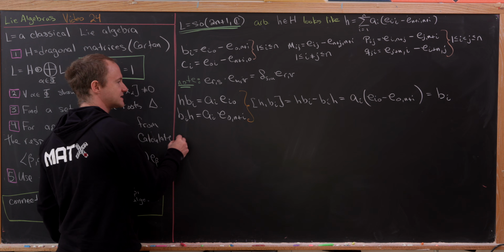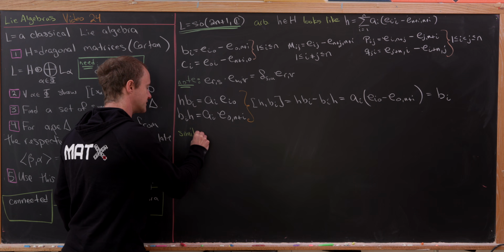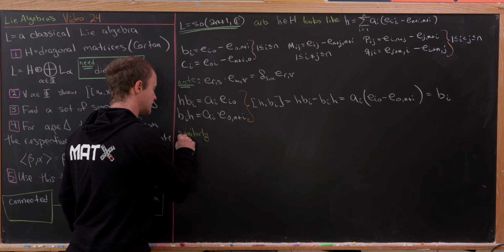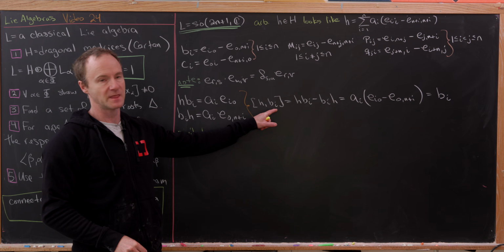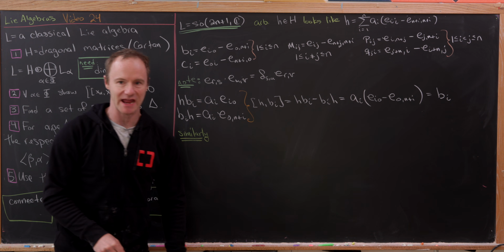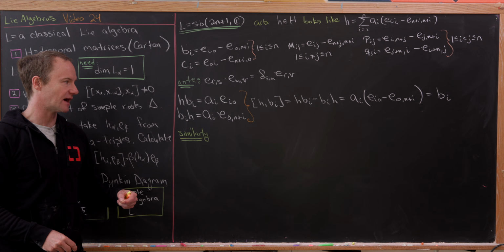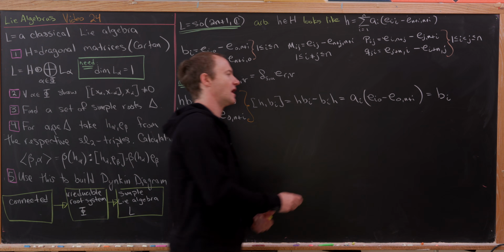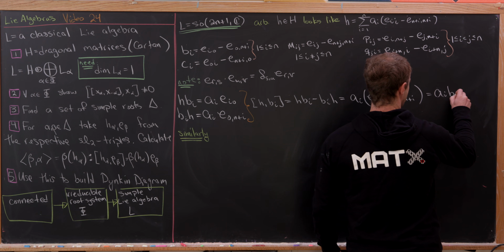We can make some similar calculations, but before we make those, let's observe that this means BI is an eigenvector for the ad H operator, if you will. So we have ad H of BI is simply a multiple of BI, our number AI times our vector BI.